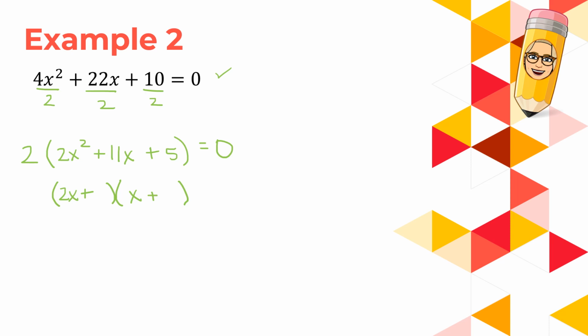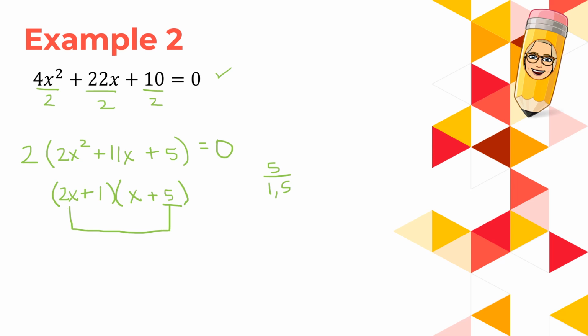And then we're skipping the 11 and we're looking at the 5. So what are some factors of 5? We literally only have 1 and 5. Now, this is where it gets tricky because we don't have a equals 1. So we have to remember that whatever number gets put on this second blank is getting multiplied by 2. So we could put the 1 there or we could put the 5 there. So let's just say we want to put the 5 there. We take a guess. You might see a pattern, but we're going to take a guess. So I'm going to put a 1 here and a 5 here.